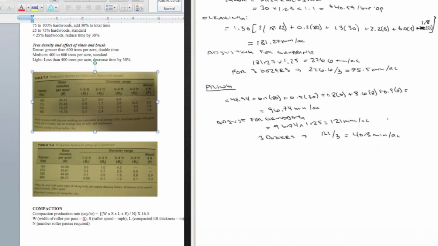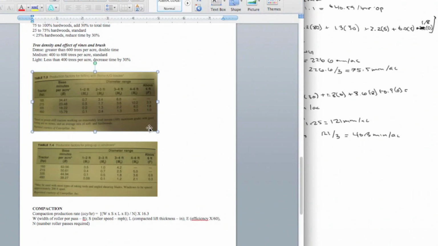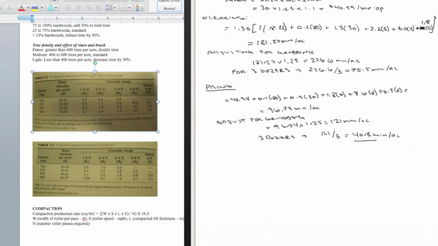Next step, now that we have these two numbers, is to find the total time and cost.